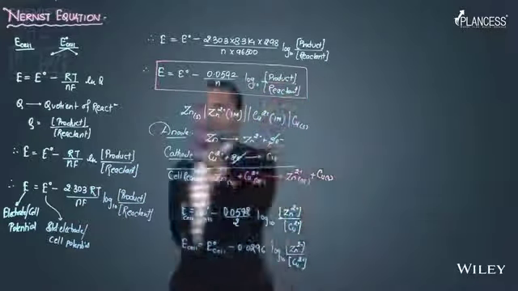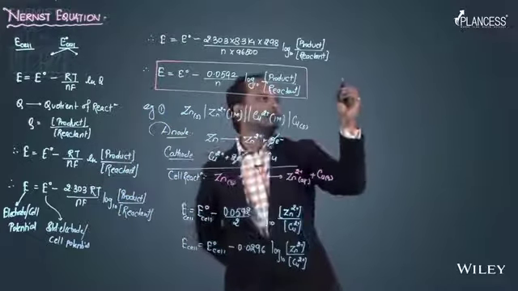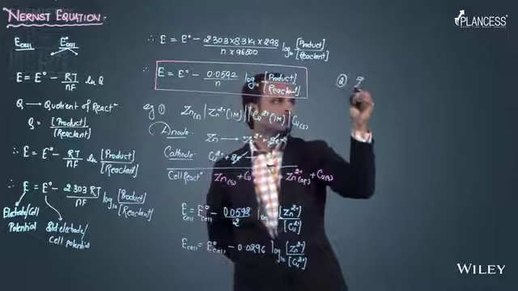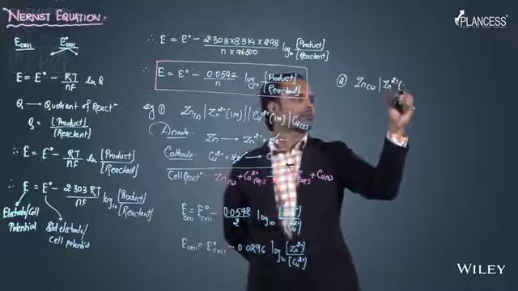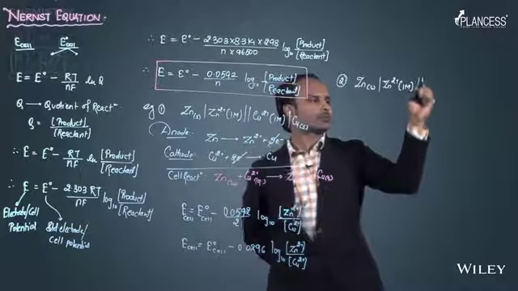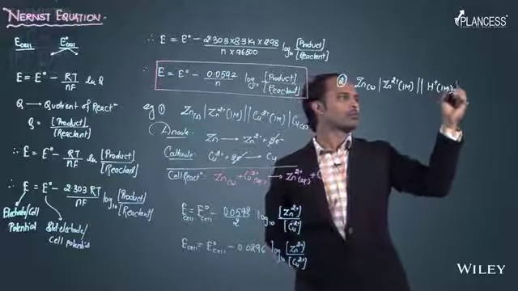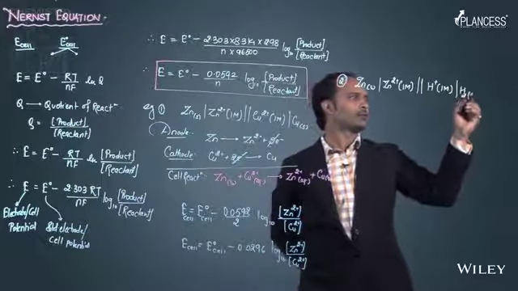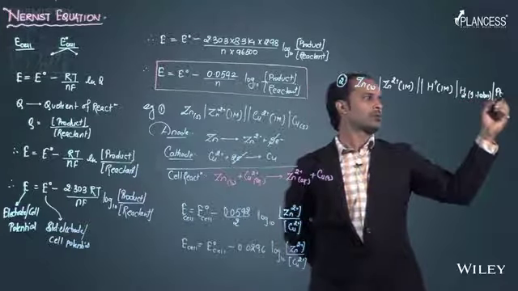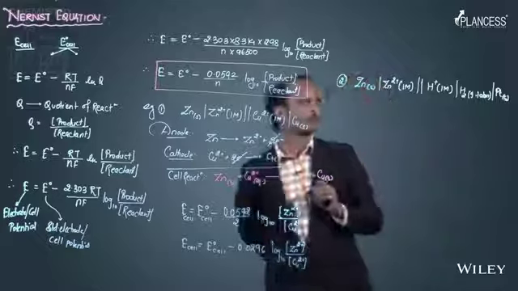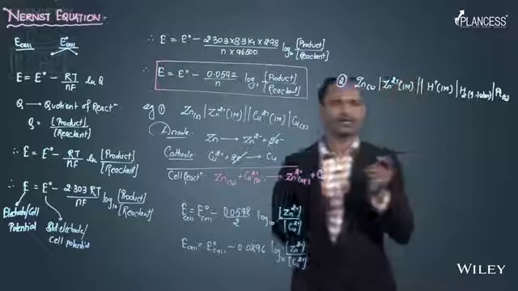Let's see one more example. Here the zinc electrode acts as an anode and the hydrogen electrode acts as a cathode.